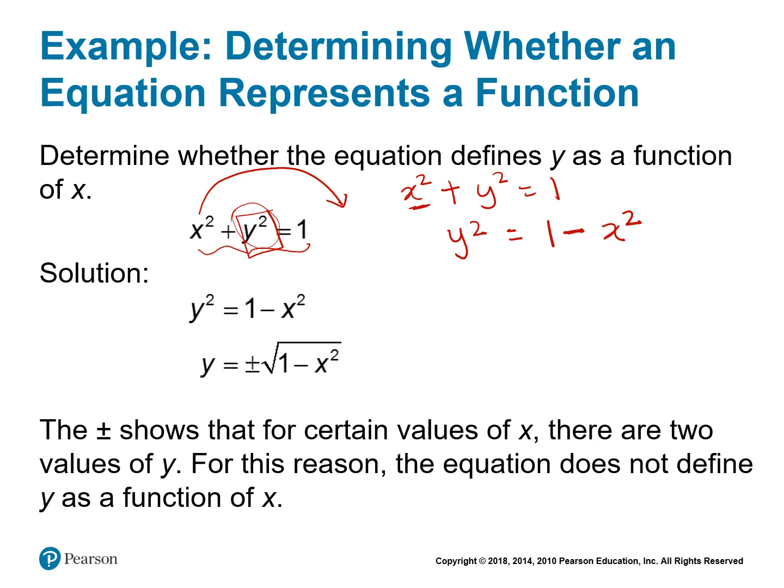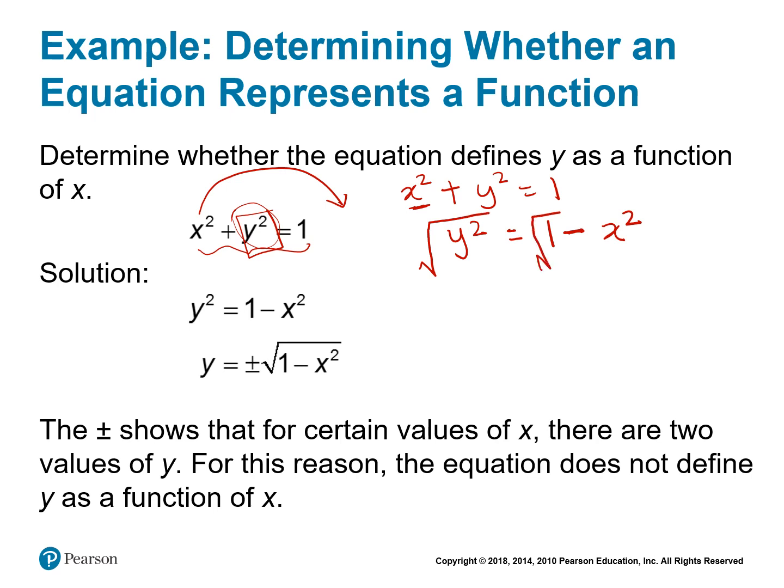So now we have to get rid of the square on the y. We have y squared, and we want it as y equals something. We cannot have it as y squared. So to get rid of the square on the y, what do we do?